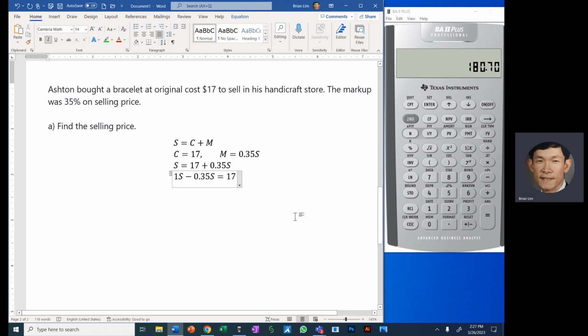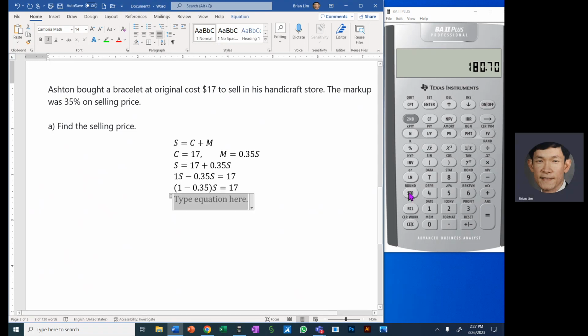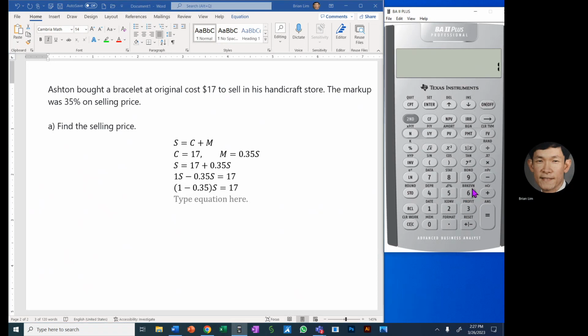Now let us do a bit of factoring. So 1 minus 0.35 times S would be equal to 17. So we go 1 minus 0.35, that gives us 0.65.